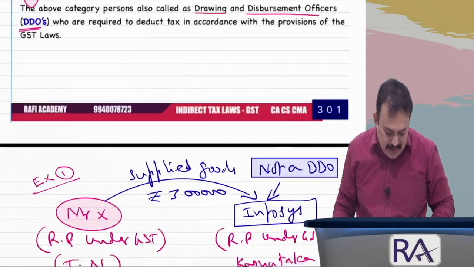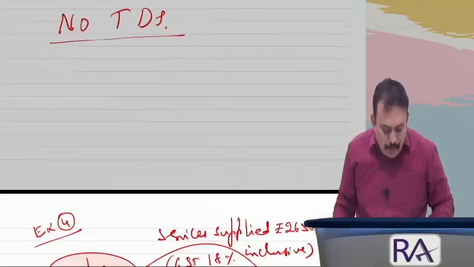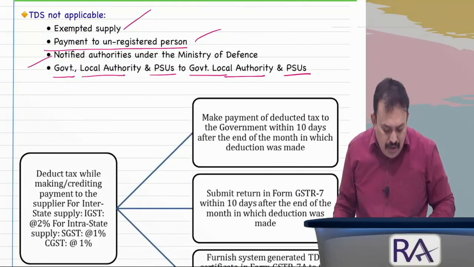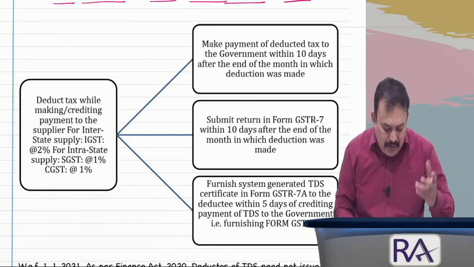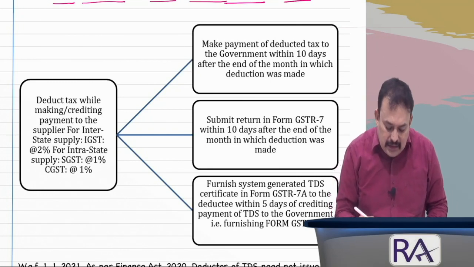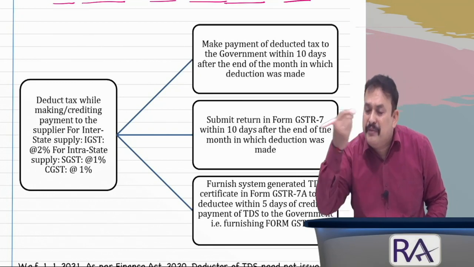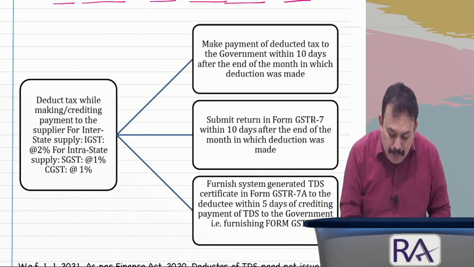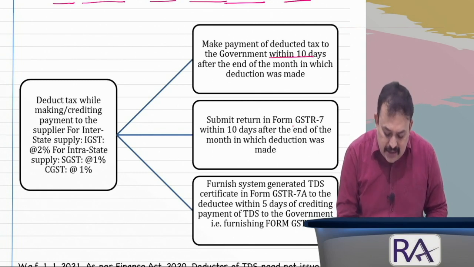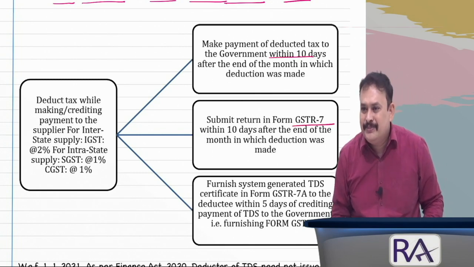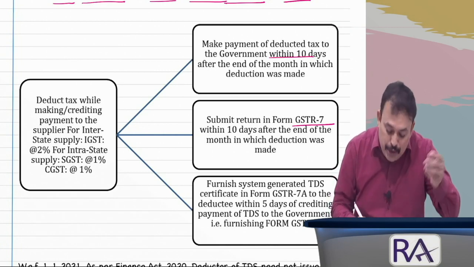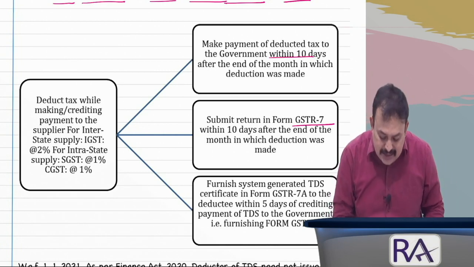As simple as that. Regarding the period to make payment of TDS, the deductor has to pay every month by the 10th of the following month, and GSTR 7 should be filed. TDS certificate GSTR 7A should be issued by the deductor to the deductee.